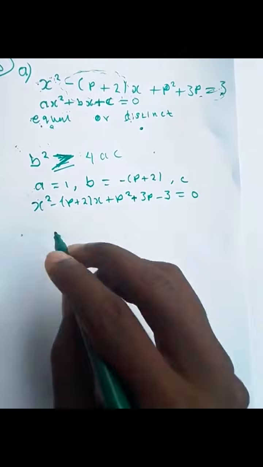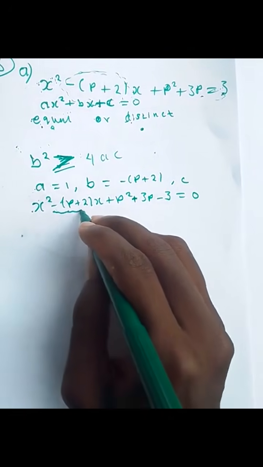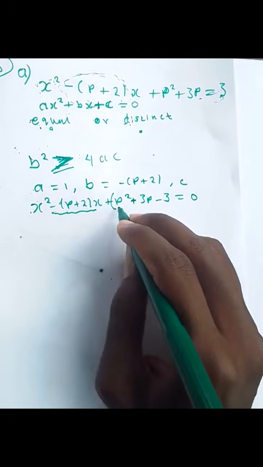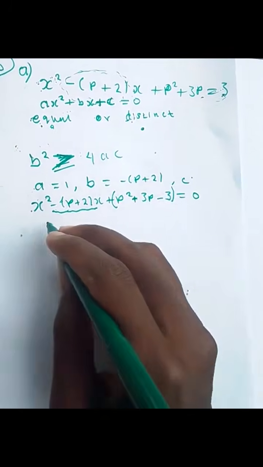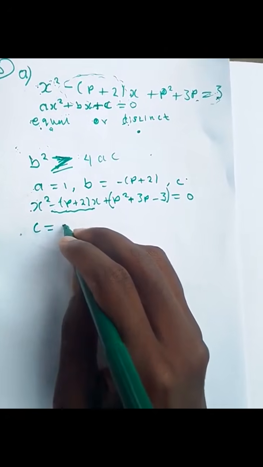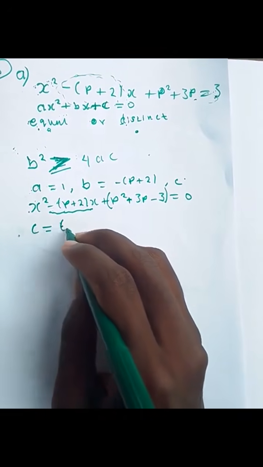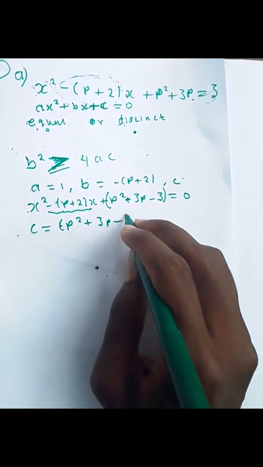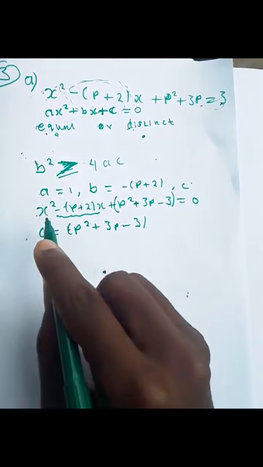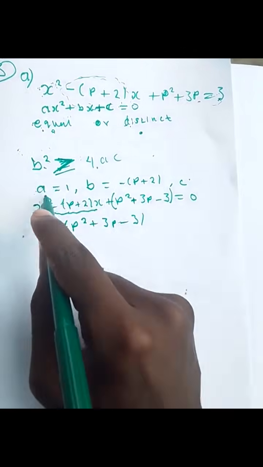So we've noticed that this is our b, right? So this means that this whole thing here is representing c. So I'll just write here, c is equal to p power 2 plus 3p minus 3. So now your job is to substitute in this equation where there's a, b, and c.